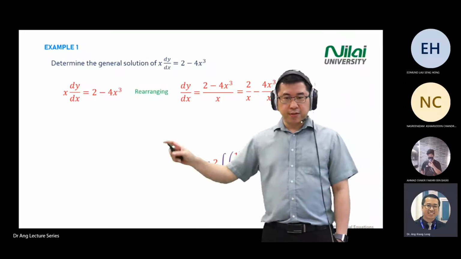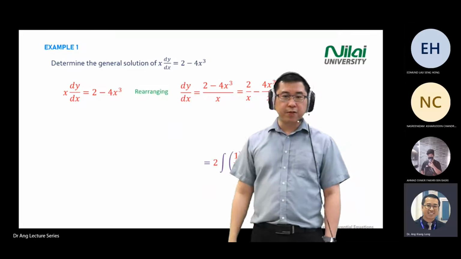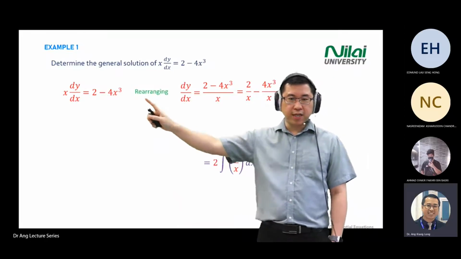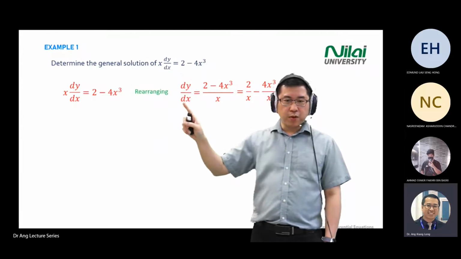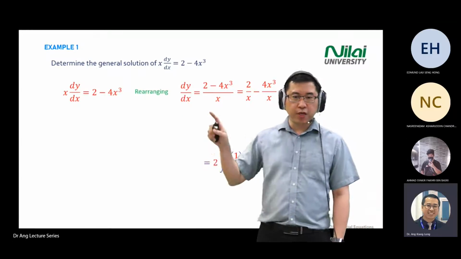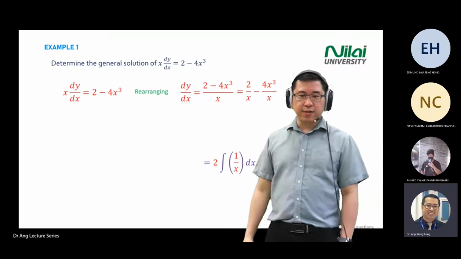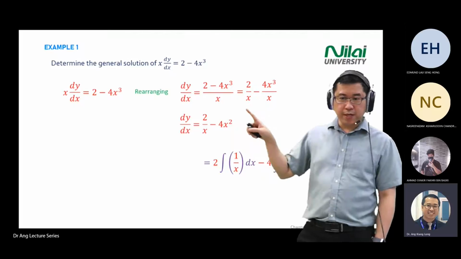The next step, to solve this one, we need to change it into the integration steps. We move the dx again. Once we move this x to the right-hand side, we move this dx to the right-hand side also, so that we can do integration.